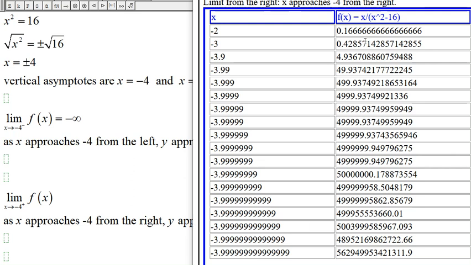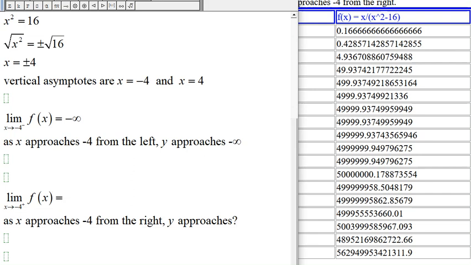And the corresponding y values are just getting larger and larger. So when x is negative 2, y is 0.16. When x is negative 3, y is 0.42. But when x is negative 3 point with this many nines, then y is a very, very large number. So we can see that this is going to infinity.